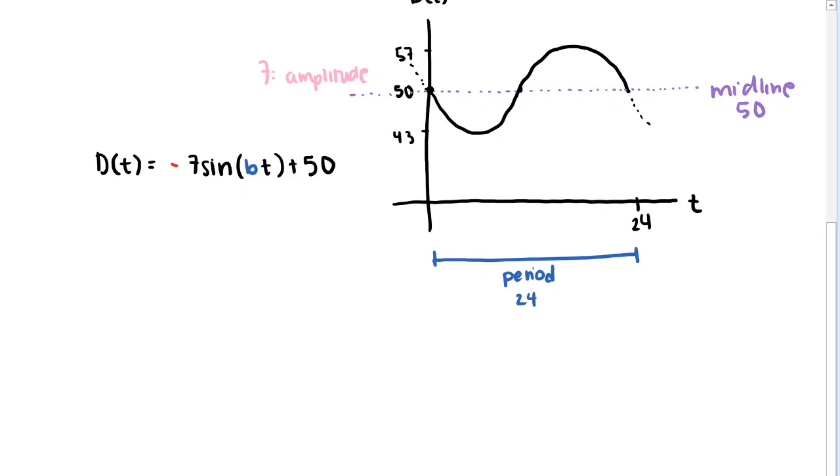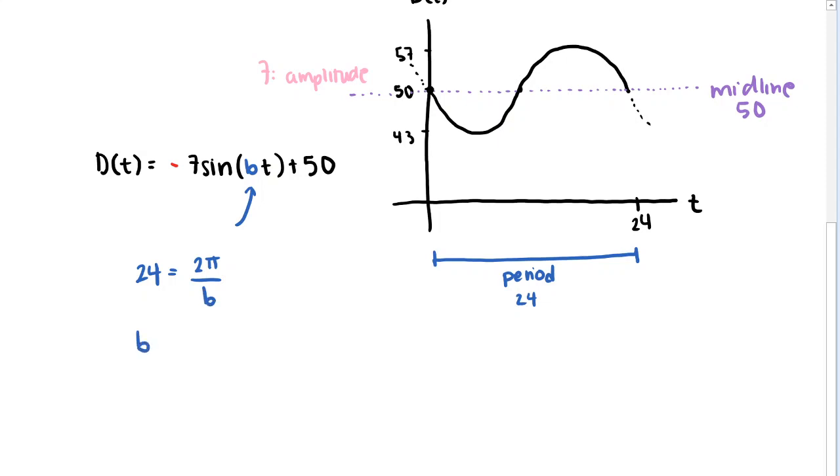So again, let's figure out this constant. We're expecting our period to be 24 hours, and we know that our period can be computed by taking 2 pi and dividing it by the rate at which we're traversing our inputs. So if I take 2 pi and divide it by b, I expect to get 24.